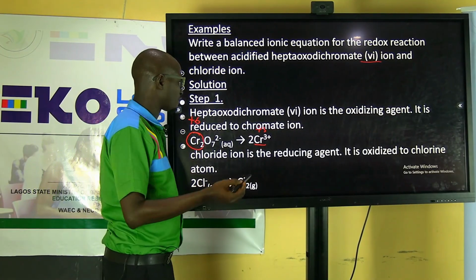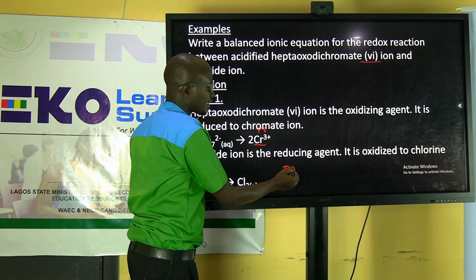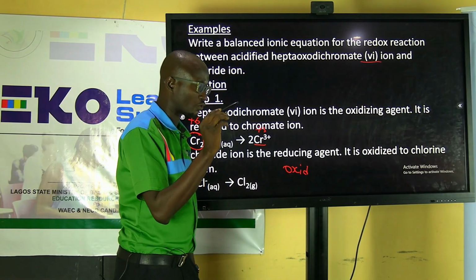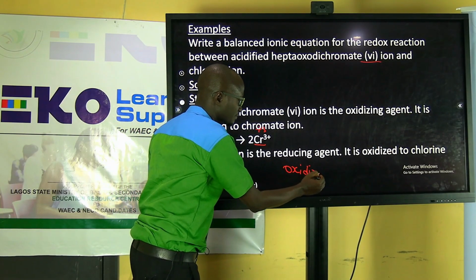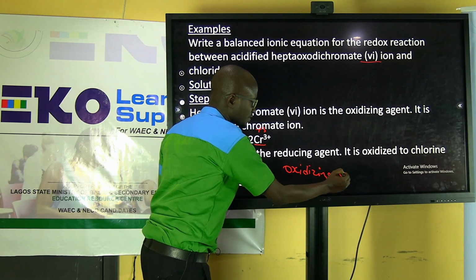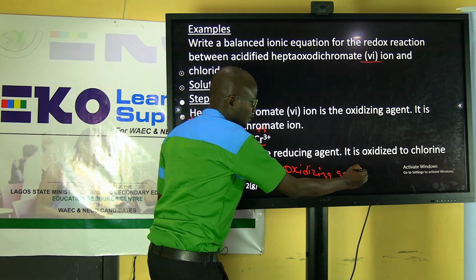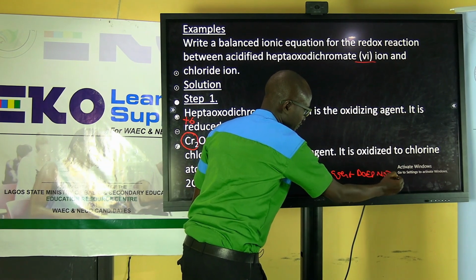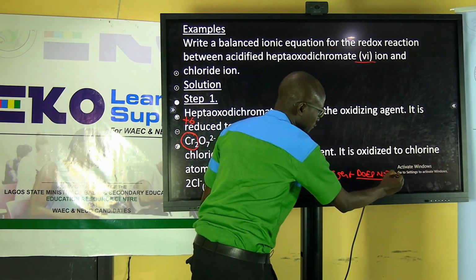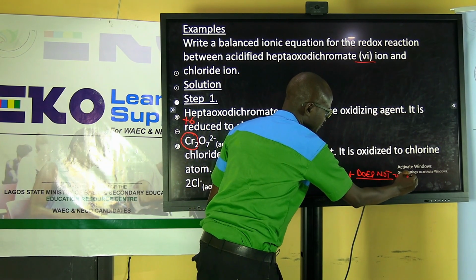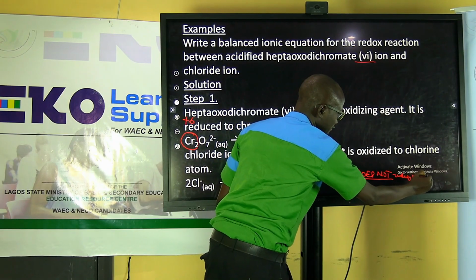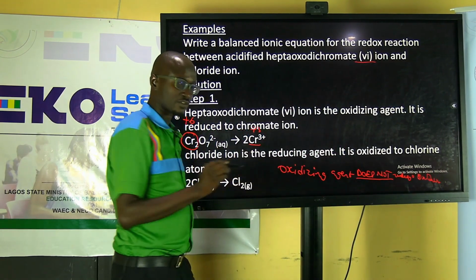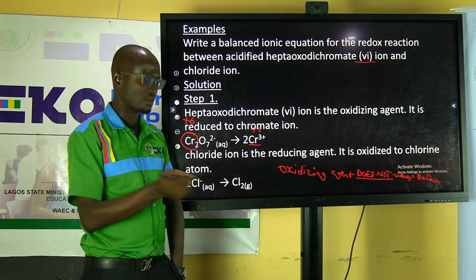Remember, I told you that it can be confusing. Somebody can easily say oxidizing agent undergoes oxidation. No. Oxidizing agent does not undergo oxidation, because you can easily fall into thinking in your mind that oxidizing agent, of course, it's oxidation.